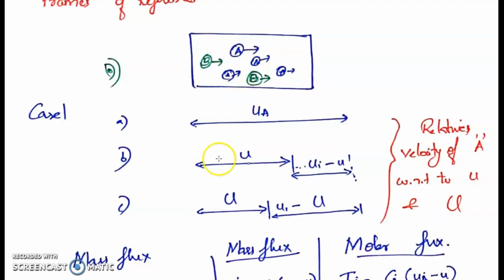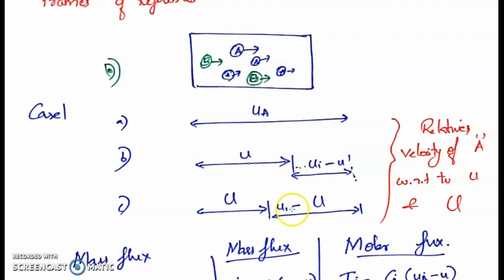Similarly, if I somehow manage to get inside the vessel and I am moving with the velocity equal to the molar average velocity of the system, then what will be the velocity of A molecule relative to the molar average velocity, or what will be the velocity of A that I will experience?